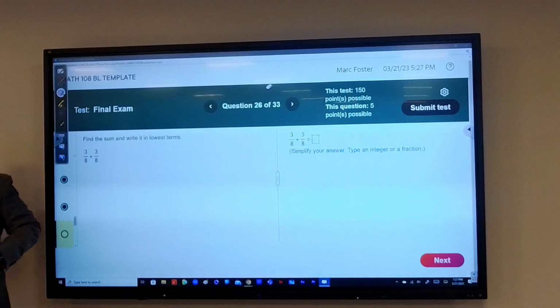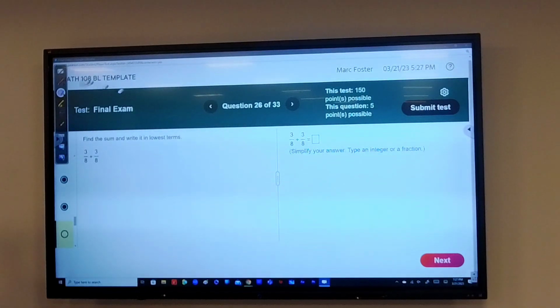It didn't matter that it was over 8. All that's happening is that those things we see are the fraction 1/8. The 1/8 could factor out, it just says 3 plus 3. So you'd have 6/8. Is 6/8 simplified? No.